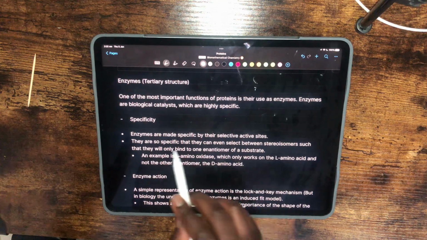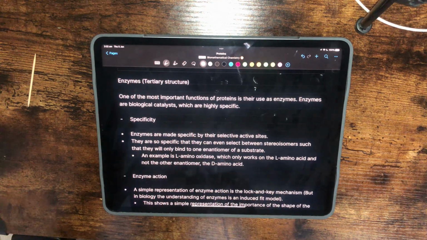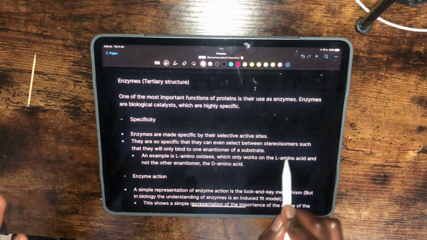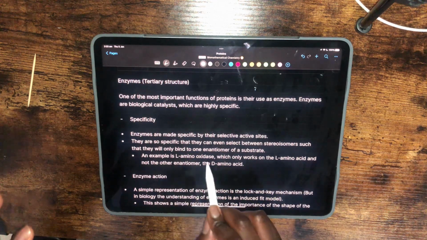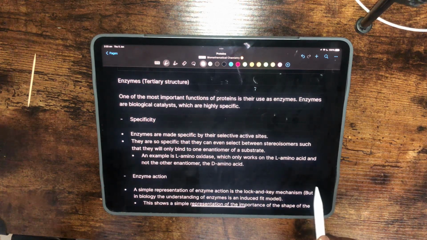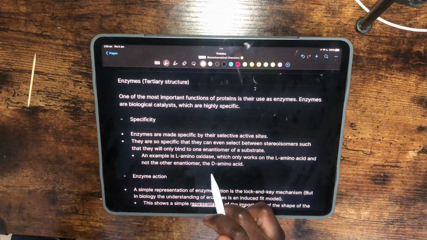But because enzyme active sites are so specific, and their tertiary structure is so specific, it's only complementary to that one substrate, and they can select between stereoisomers. They will only bind to one enantiomer of a substrate. So if there are two enantiomers of that substrate, it'll bind to only that one. It won't get confused. It will be specific only to that enantiomer of a substrate.